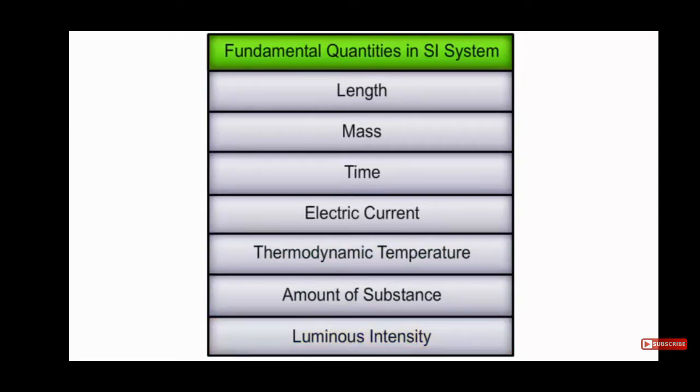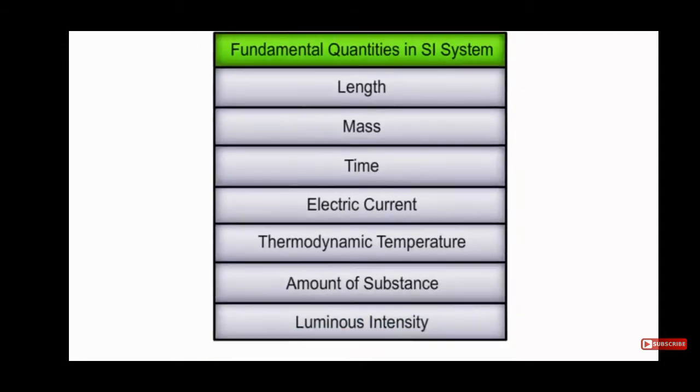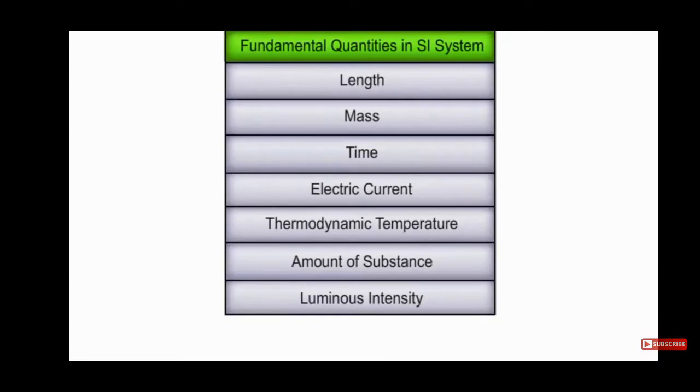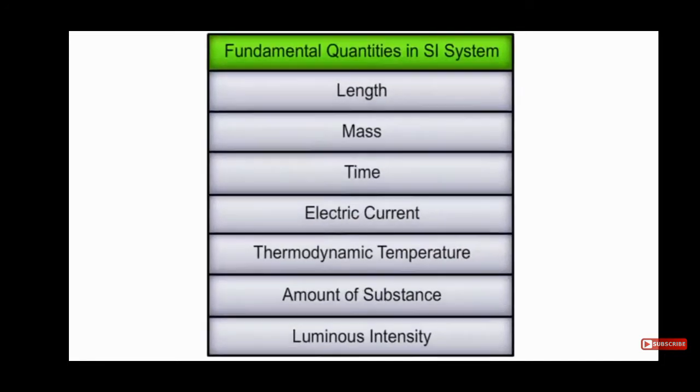These are also referred to as base quantities. All other physical quantities can be conveniently derived from these base quantities. Thus, we have relationships between fundamental quantities and derived quantities.